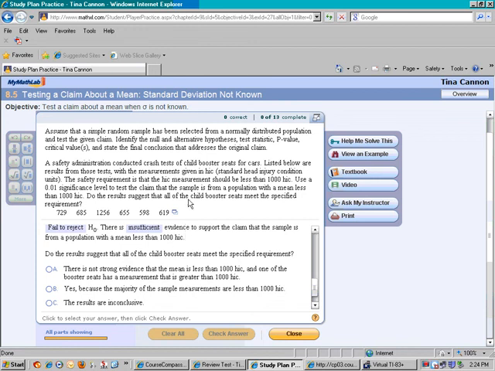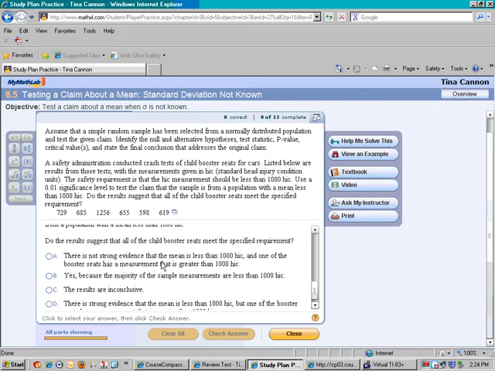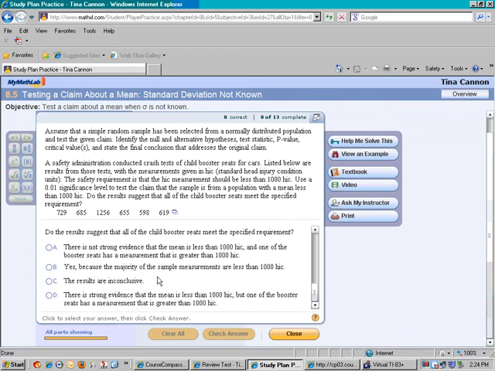So there's not strong evidence that the mean is less than 1,000 and one of the booster seats has a measurement that's greater, or the results are inconclusive. So do the results suggest that all child booster seats meet the requirement? No, there's not sufficient evidence, so we check that.